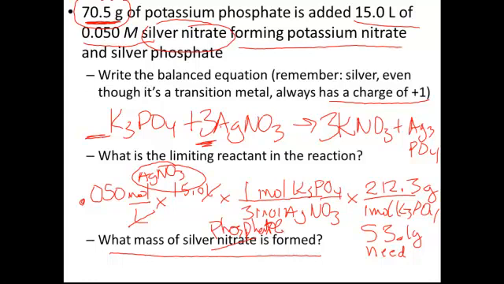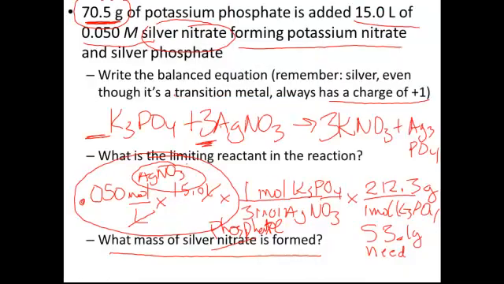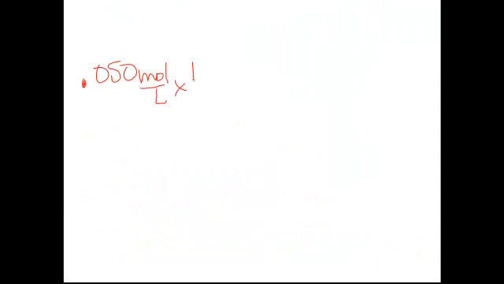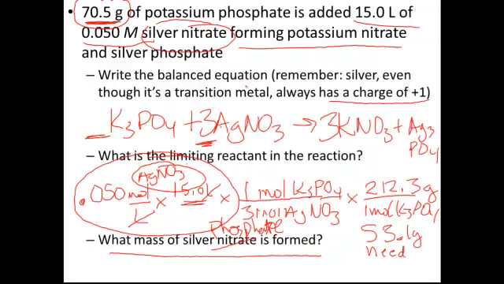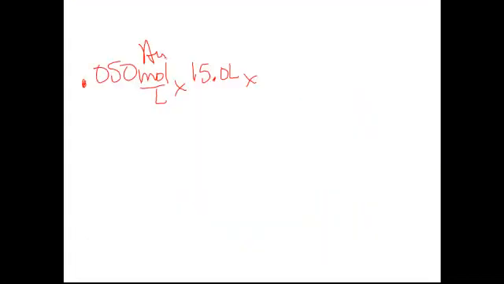What mass of silver phosphate is going to be formed? So I'm going to use my limiting reactant, which again is this silver nitrate. So I'm going to take 0.050 molarity, or moles per liter, times the volume, 15 liters. And again, that's moles of AgNO3. My volumes cancel.